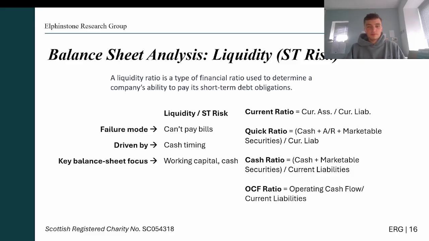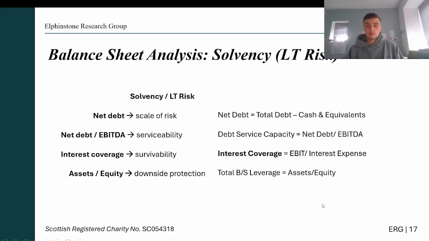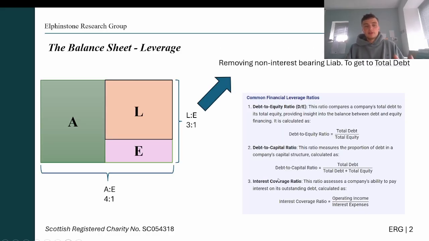Whereas solvency is the long-term risk. This is most understandable, I think, in the interest coverage, which is the earnings before interest and taxes, so a type of earnings, over the interest expense. Is the company making enough to pay off the interest on the debt it took on? And then finally, you can also understand the leverage through the balance sheet.